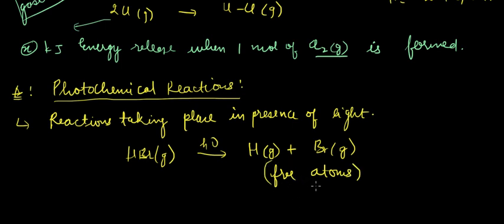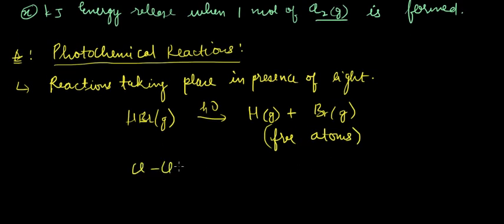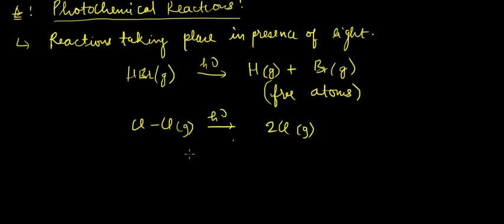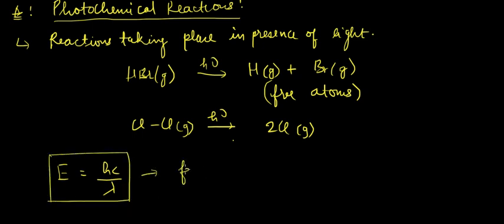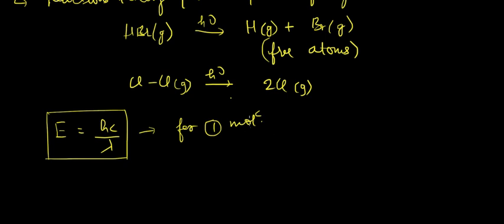And again if we have Cl2 gas, the Cl-Cl bond will cleave and we will have 2 free Cl atoms. So the energy required for this to take place is hc by lambda, but this energy is just for one molecule of the respective molecule. Energy is required to break it. We can calculate for 1 mole from this.